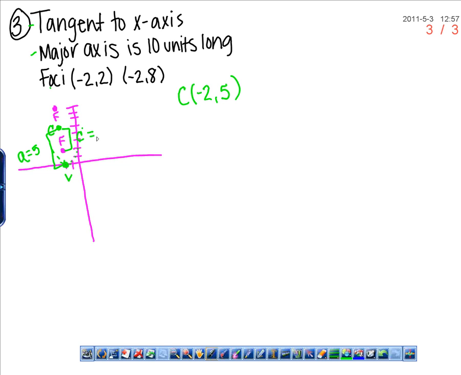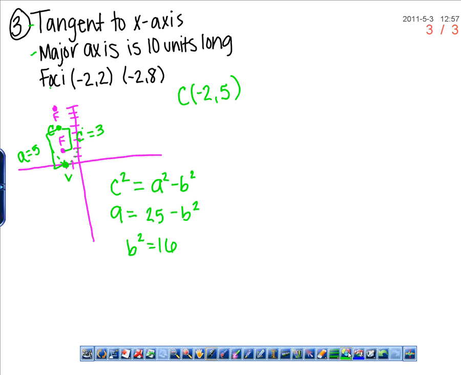What's C? 3. So C squared equals A squared minus B squared. So 9 equals 25 minus B squared. So what does B squared equal? 16.